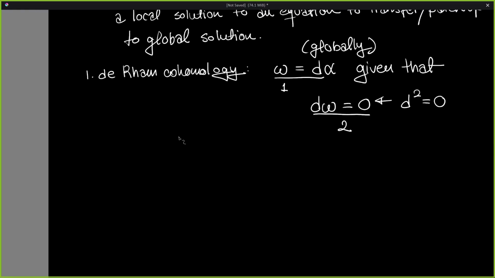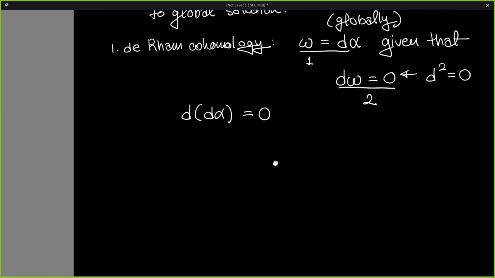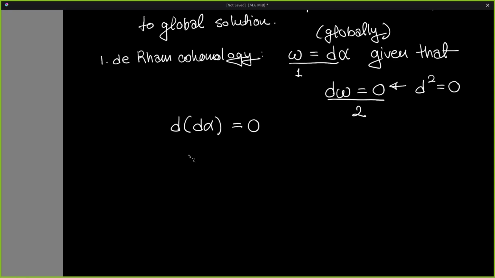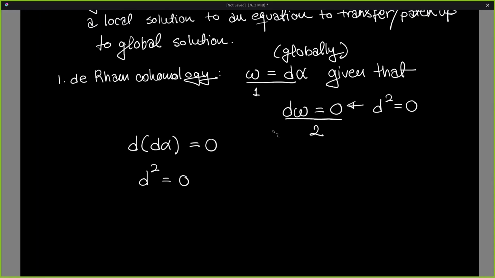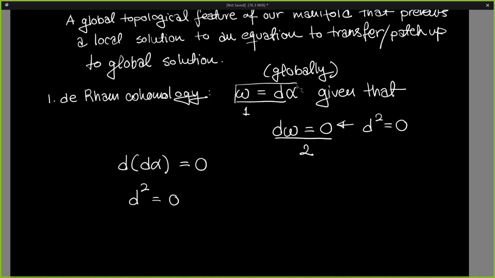So let's see what that means. Well, if omega equals d alpha, then we get d of d alpha is equal to 0. So unless d squared is equal to 0, this wouldn't always be the case, right? So therefore, there could be solutions to this.